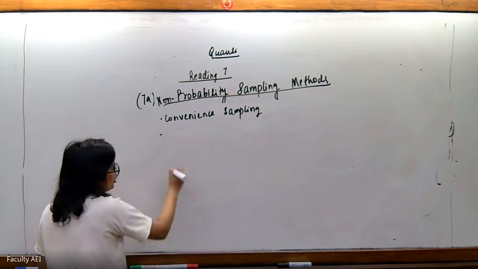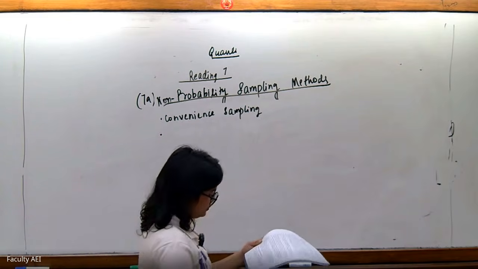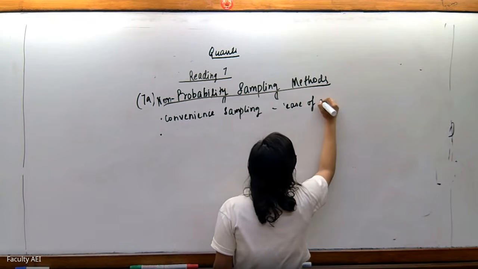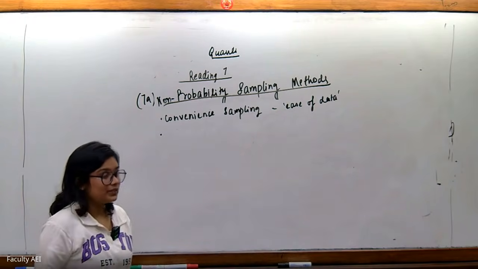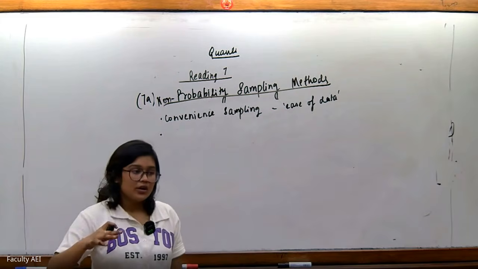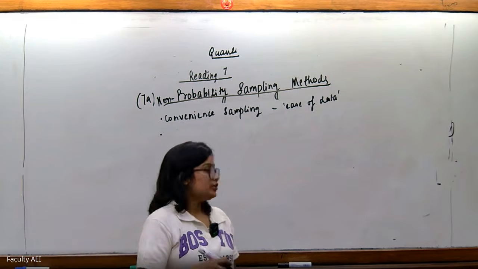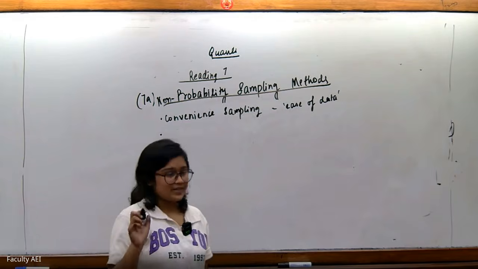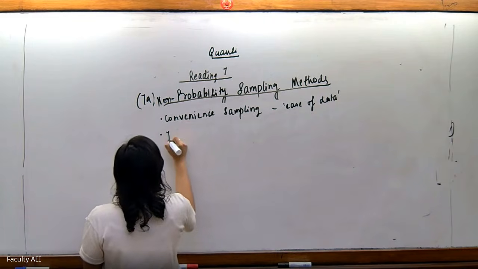As the name suggests, you form your sample on the basis of ease of data. Whatever data you can find. Continuing with the example that you are trying to do research based on certain events 100 years ago, it's impractical to assume that you will be able to get a lot of information. So what you do is convenience sampling: whatever data I'm getting, on the basis of that data I'll continue with my research. So this is convenience sampling, ease of data access. Then comes judgmental sampling.